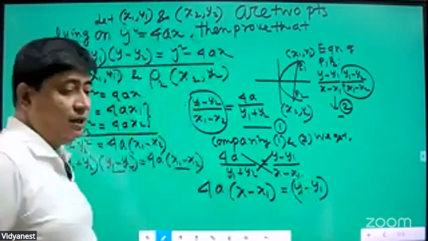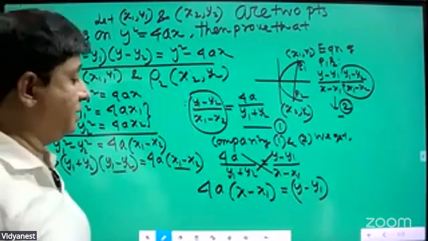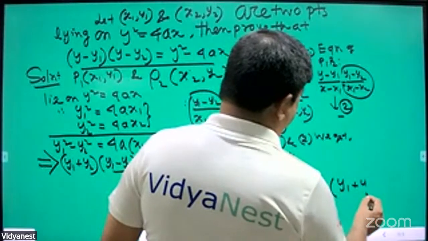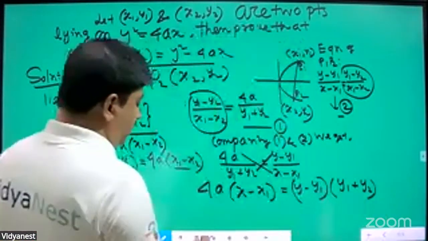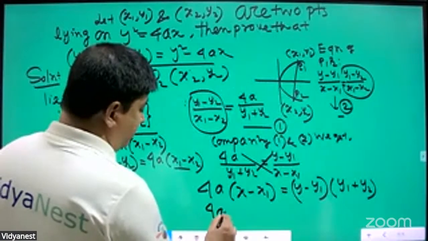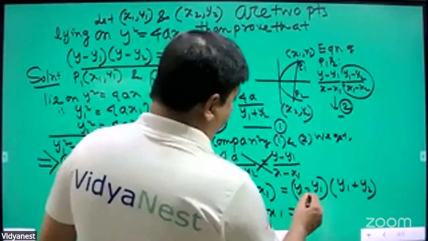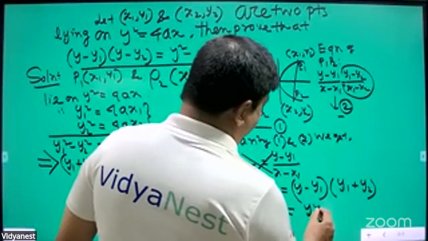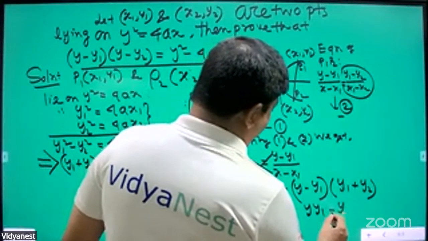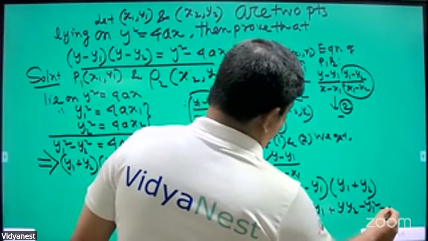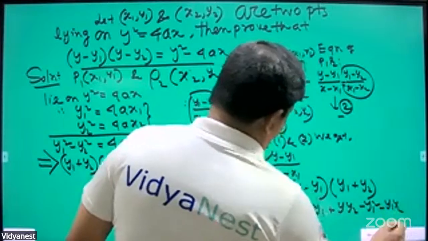Hope you are understanding everything. So simple and interesting also. 4x minus 4x1, y into y1 plus y2 minus y1 squared minus y1 y2.